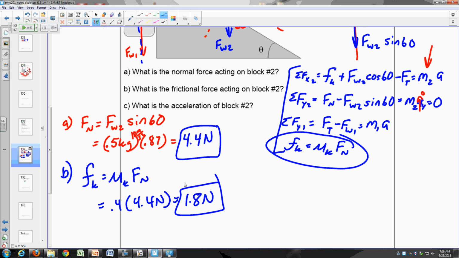All right, and then what is the acceleration? I'll give y'all a minute. Y'all try to find the acceleration. So I'm going to look at this system of 4 equations and figure out how in the heck I can find the acceleration.